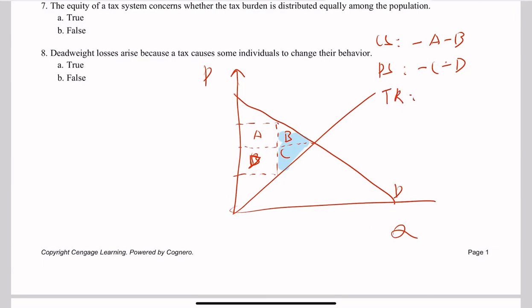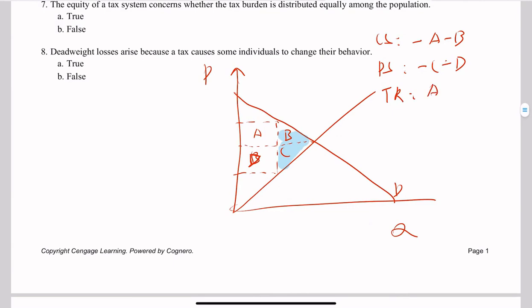Well, tax revenue will increase by A and D. So you can see that the total decrease in surplus is given by A, B, C, D.